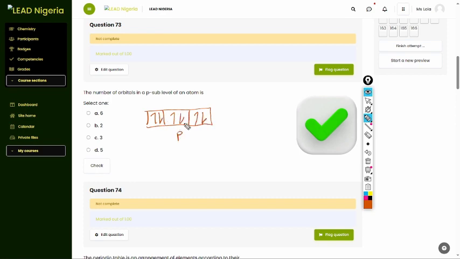Now carefully read the question in cases like this, because it's easy to have an oversight here and think that the question is asking for how many electrons can go into the p sublevel, and you think it's 6. So the electrons are 6, but the number of orbitals is actually 3. So the correct answer is C. Okay, so we'll go with C.